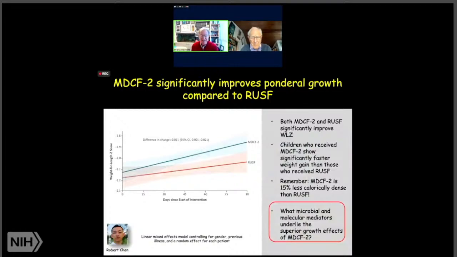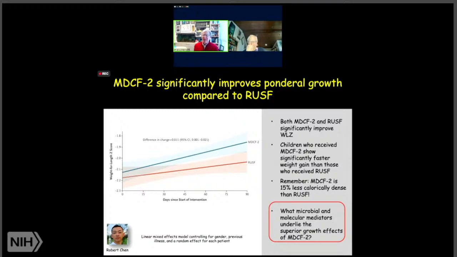Robert Chen is a very talented MD PhD student in the lab. He analyzed the anthropometric results using linear mixed effects models that controlled for gender, previous illness, and a random effect for each patient. And you can see that MDCF2 produced a significantly greater rate of change in WLZ score, a greater rate of ponderal growth compared to RUSF, even though MDCF2 is 15% less calorically dense.